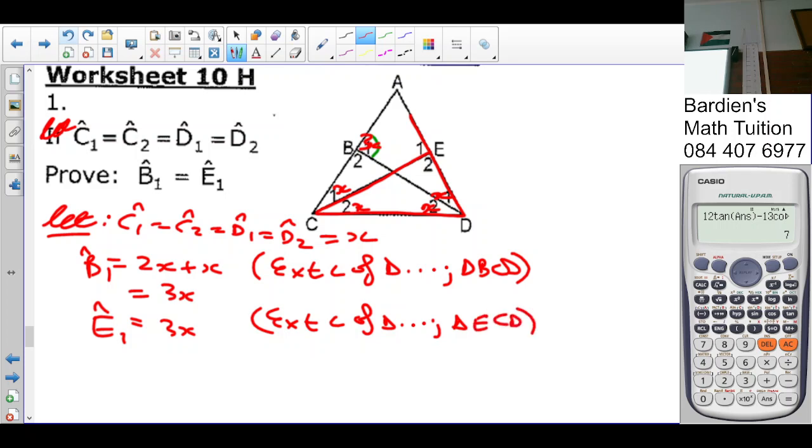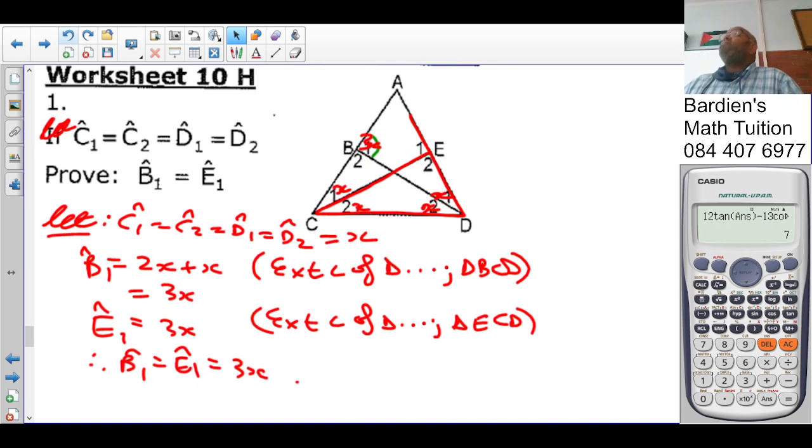You don't have to write triangle ECD in the previous reason of triangle DCB. So what do you notice now? Therefore, angle B1 has to be equal to E1, which is equal to 3x. And they have proven what they wanted there.